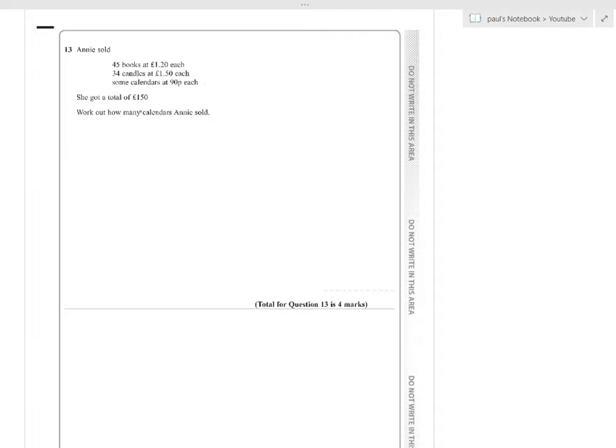Right, Anne sold 45 books at £1.20, 34 candles at £1.50, some calendars at 90p. She got a total of £150. How many calendars? Right, so 45 times £1.20 equals £54. And 34 times £1.50 equals £51, and that makes a total of £105.